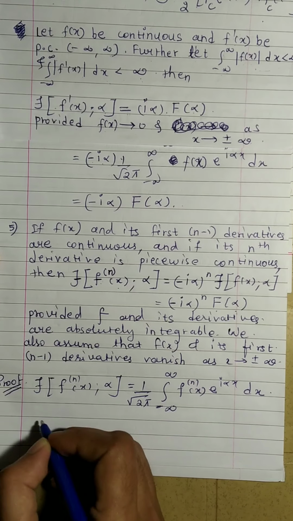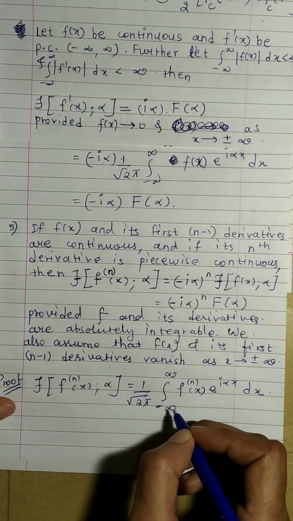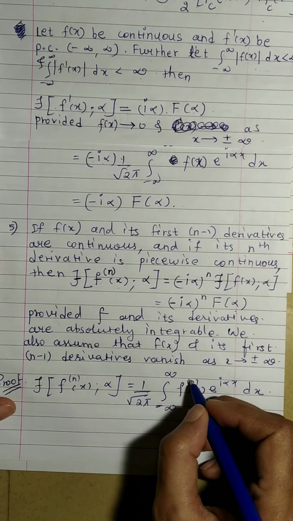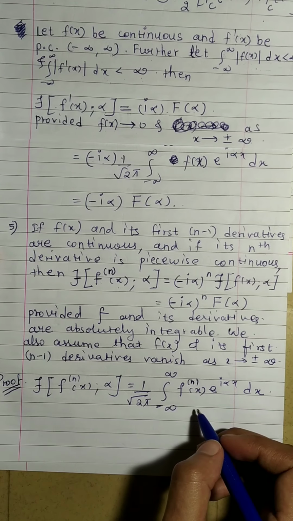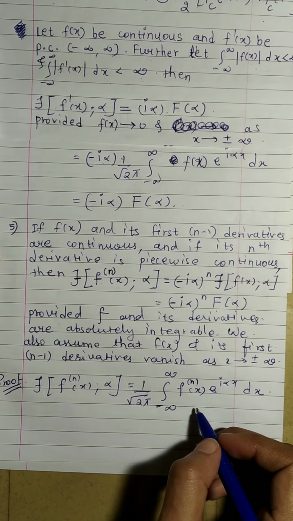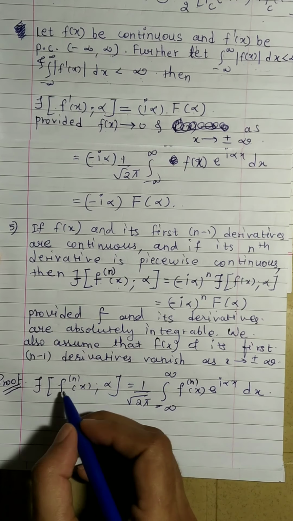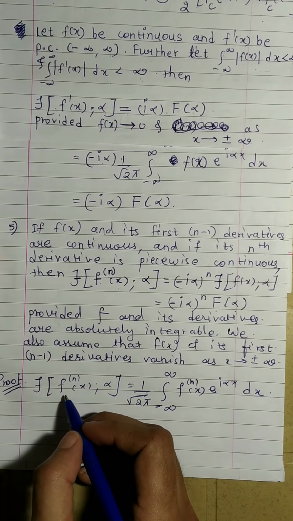If we use integration by parts, before going to that, let us introduce one notation to denote the Fourier transform of the nth derivative of the function.